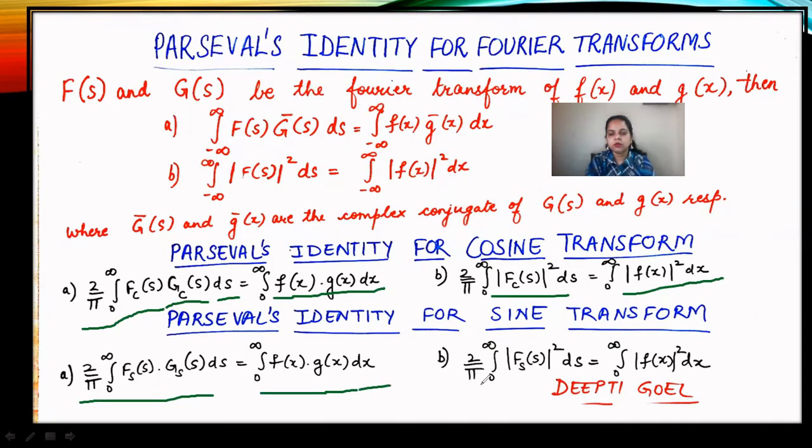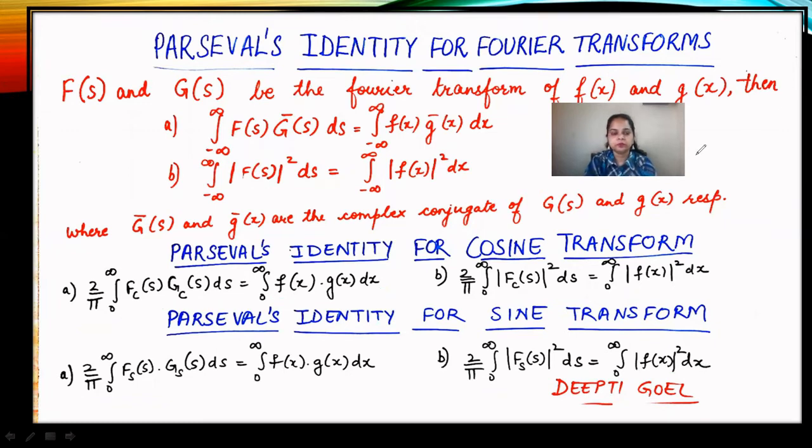Similarly, the second part of Parseval's identity for the Fourier sine transform will be written as 2 by pi integral 0 to infinity modulus of the Fourier sine transform squared ds will be equal to the integral 0 to infinity of modulus of the function itself squared dx, that is modulus of f(x) squared dx. So this is Parseval's identity for the Fourier sine transform and the Fourier cosine transform.